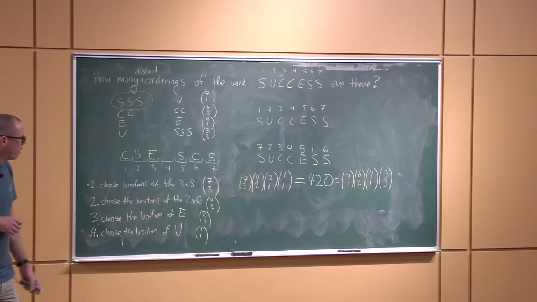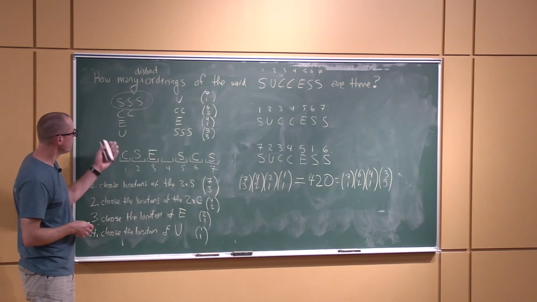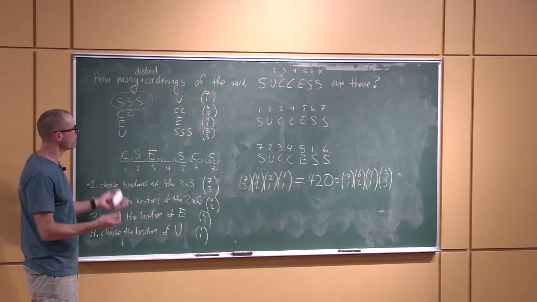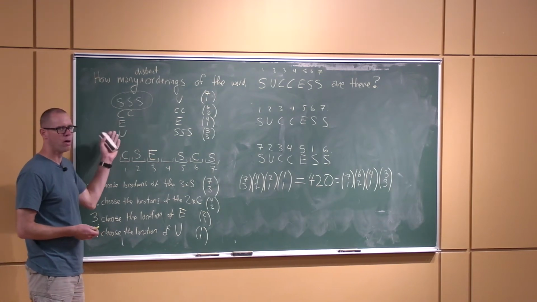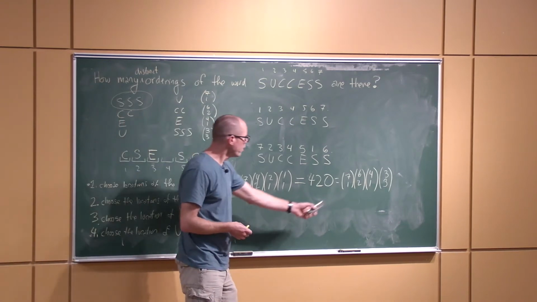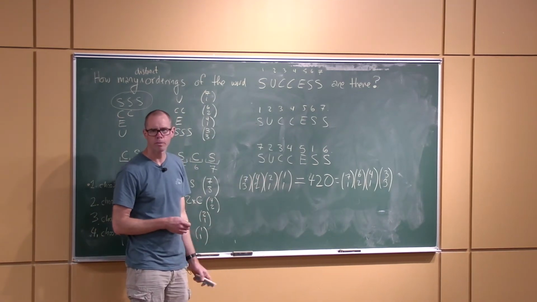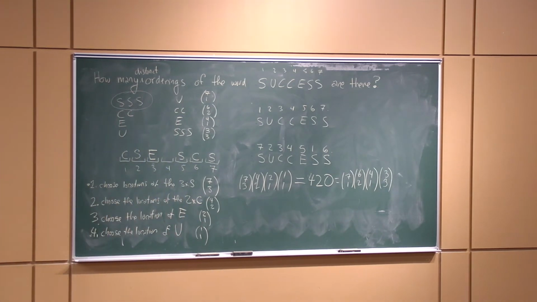But it illustrates that we basically use the same technique to count this thing 2 different ways. We just changed the order that we did things, and we got 2 expressions that, at least on the face of it, look quite different. But in any case, they're both equal to 420.